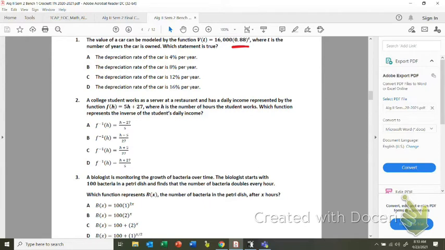So how much percent, or what was the depreciation rate that we lost? 12%. How'd you get that? 100 minus 88 is 12. So the answer here would be C, 12%. Now what if it said the inflation rate?